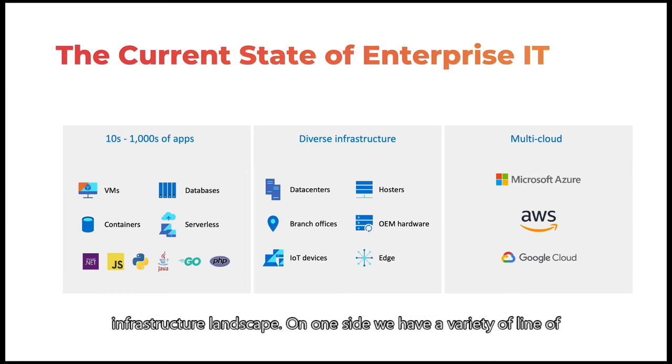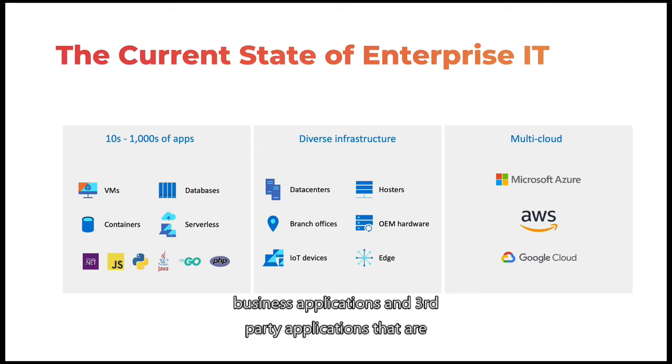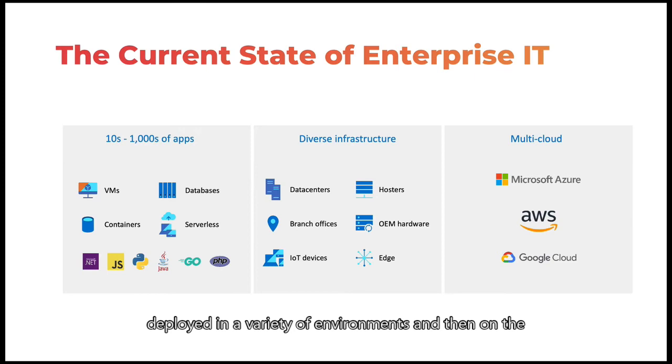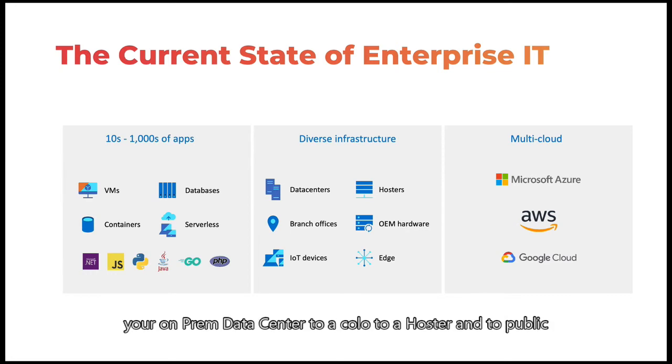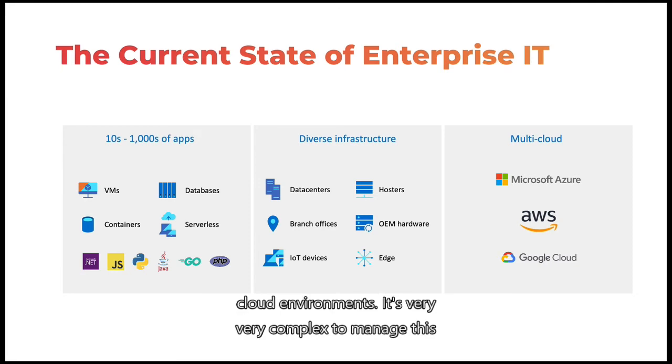On one side, we have a variety of line of business applications and third-party applications deployed in a variety of environments. And on the other side, you have infrastructure that spans your on-prem data center to a colo, to a hoster, and to public cloud environments. It's very, very complex to manage this landscape of applications and infrastructure.